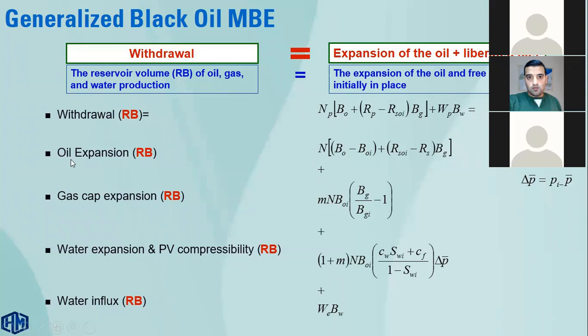For oil expansion in reservoir barrels, we have N, the initial oil in stock tank barrels, times this term, Bo minus Boi, the net oil expansion in reservoir barrels. So it's very simple to understand the generalized material balance equation.